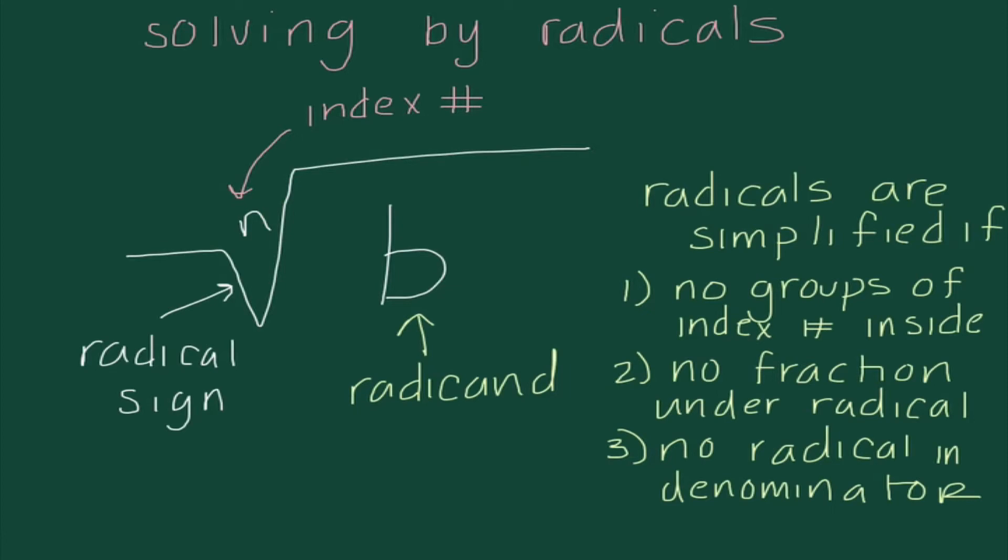And we'll explore that as we simplify. Second rule, I can never have a fraction under the radical. If I have a fraction underneath, I need to apply the radical to the numerator and to the denominator. Lastly, we can never have a radical in the denominator, so if we have that, we need to figure out how to get rid of it.